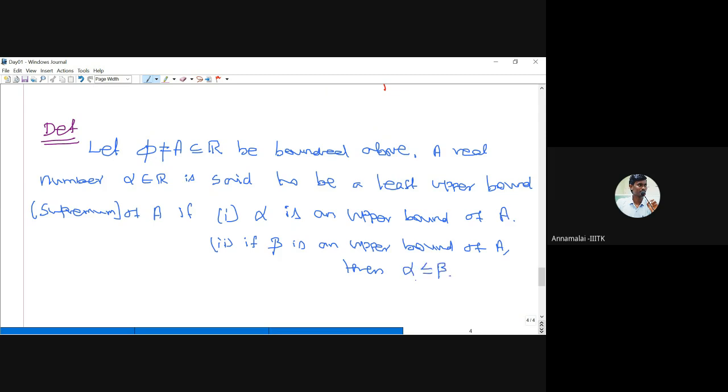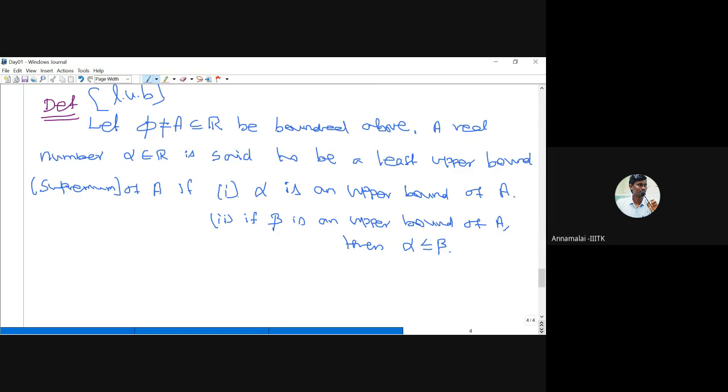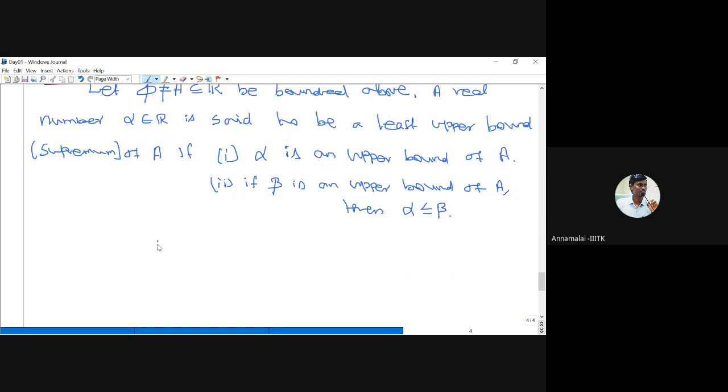Okay, sometimes equal. So this is the definition of least upper bound, or in short we can use the notation LUB, least upper bound, or supremum. We denote this least upper bound alpha as the LUB of the set A, or sometimes the supremum of the set A.